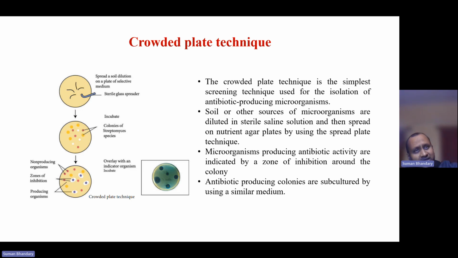And the region of no growth is indicated by the formation of a clear and colorless area around the antibiotic producing microbial colony on the agar plate. And this particular clear transparent area or zone is known as growth inhibitory zone.